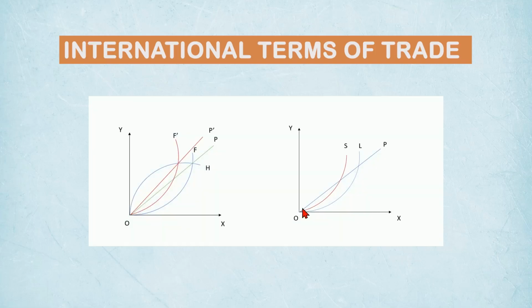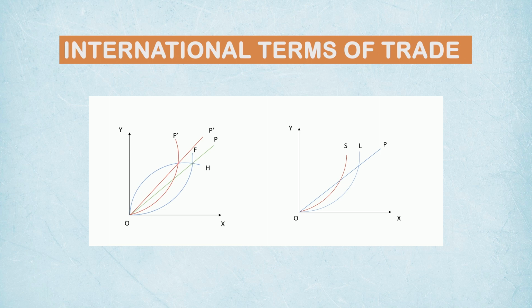But I have to say one thing that is very important. As I said, if one country is small, then what is going to happen? If one country is small, then the small country's offer curve will be a traditional one like OL, whereas the large country's offer curve will be like a straight line. The implication is that whatever is done by the small country, international terms of trade will never change, because the small country's role, its share in international trade is so small that it cannot influence the price of any commodity in the international market.